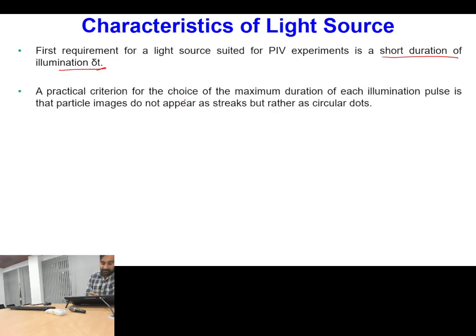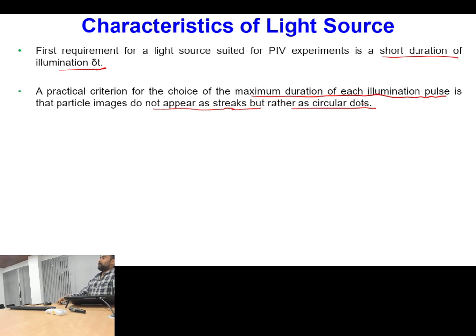Second, the practical criterion for the choice of maximum duration of each illumination pulse is that particle images do not appear as streaks but appear as regular dots. So I think your first question is also now partially answered.